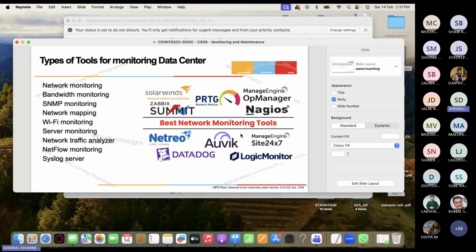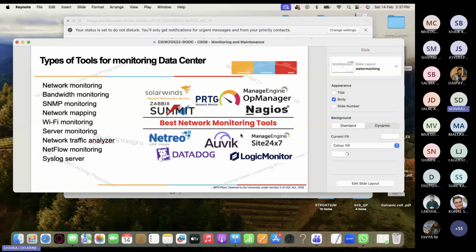There are versions available with a 7-day free trial. You can look at it and see what it does. I will send you some links where you can download and install it. If you have a Windows computer, you can at least understand what it does. I will share a couple of these, but these are the different tools.